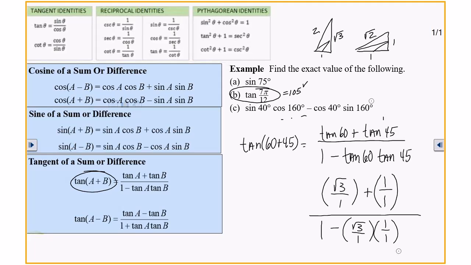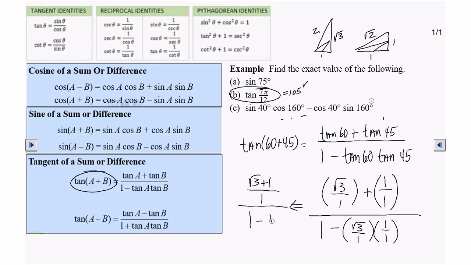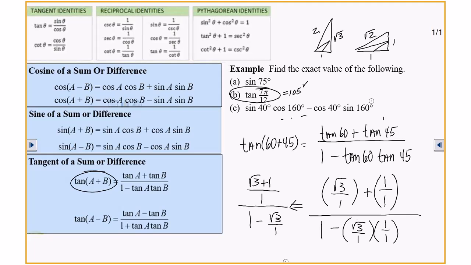Now, you can do whatever you want to. You've got a common denominator on the numerator, so you can do that. So that's going to be square root of 3 plus 1 over 1, over 1 minus square root of 3 over 1. We're going to clean that up.